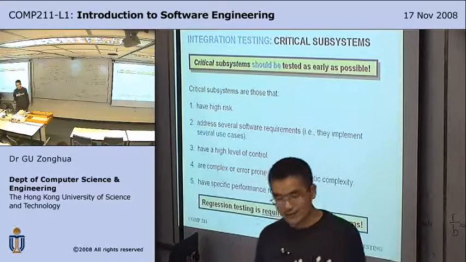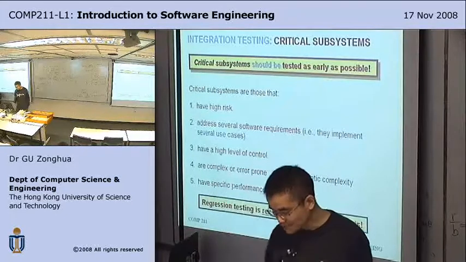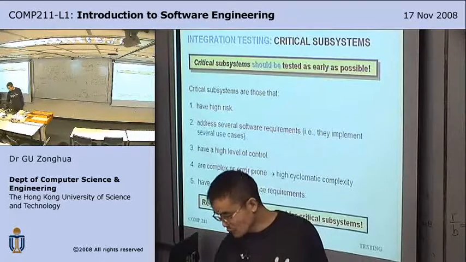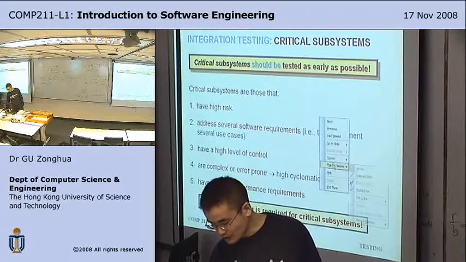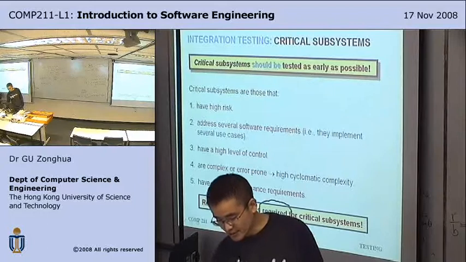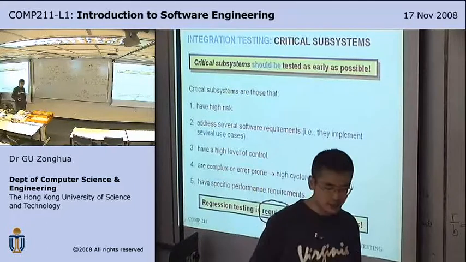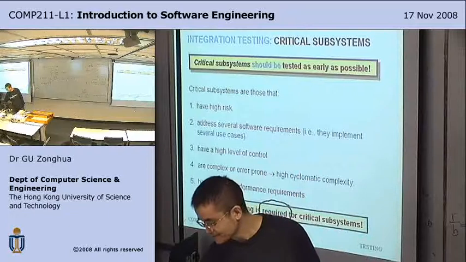But for desktop applications, perhaps the performance requirements are less strict. So regression testing is required for critical subsystems. While it's always a good idea to run regression testing, it is a hard requirement for the critical subsystems.